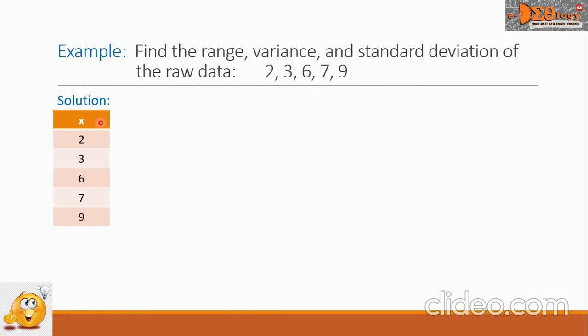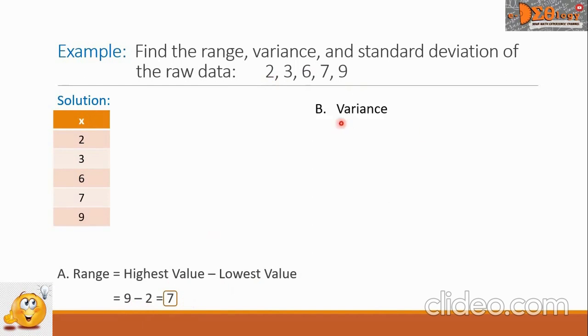Now, let's start by solving the range. That is the highest value minus lowest value. We can see here that the highest value is 9 minus the lowest value is 2. 9 minus 2 is 7. This is now the range.